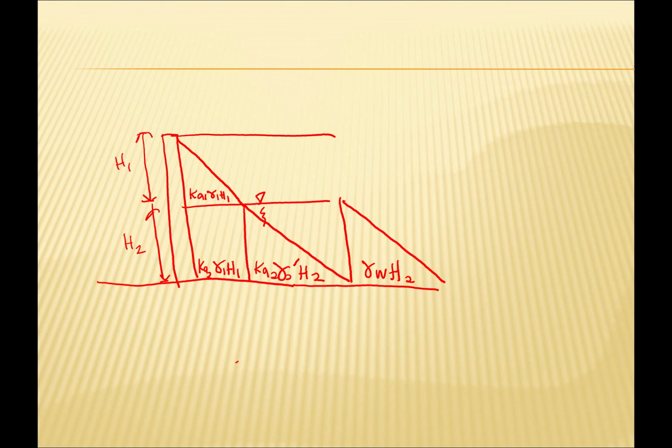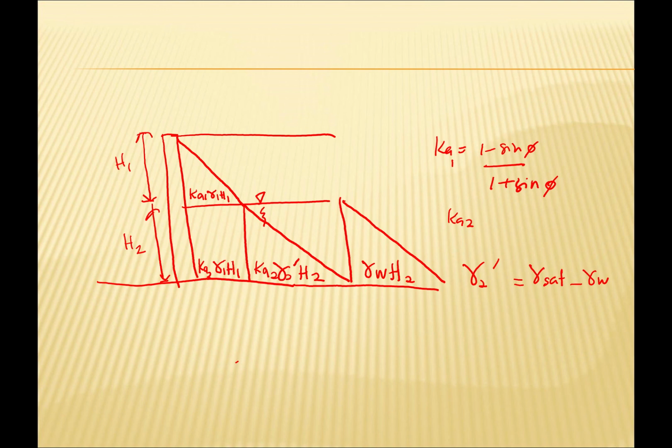Okay, please recap: your Ka is equal to (1 minus sin phi) divided by (1 plus sin phi), and because we have 2 layers, you have Ka1 and also Ka2. Okay, this is what you need to calculate first. And because you have that gamma dash, that one is gamma saturated minus gamma water. Whatever it is, you settle all the calculation first, then we look at the different stress distributions one by one.